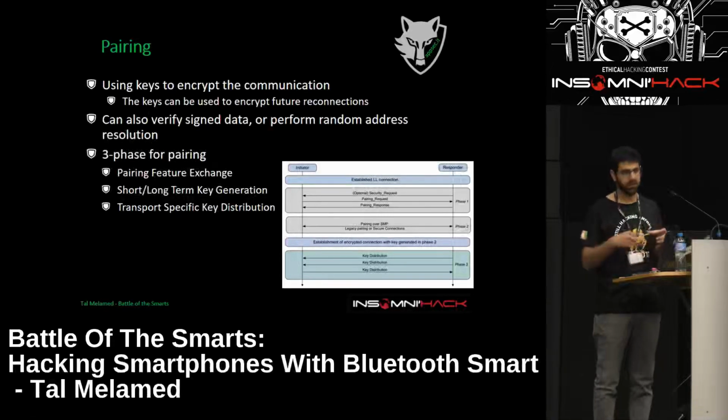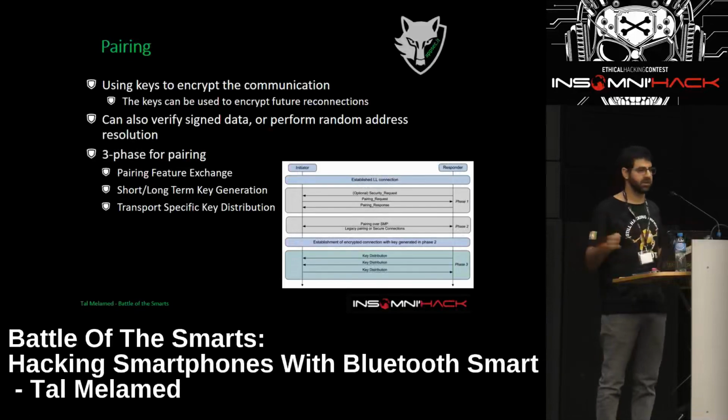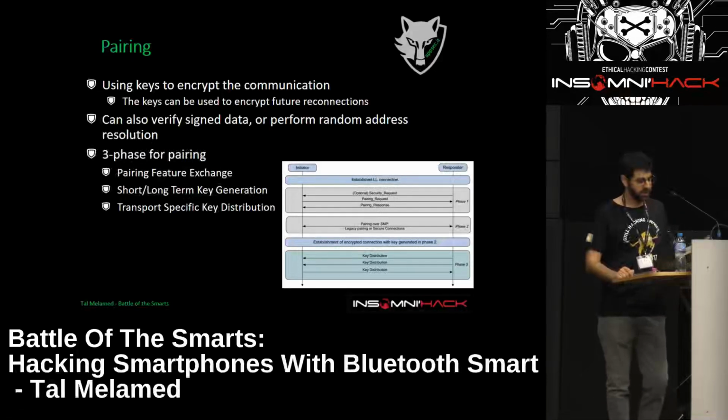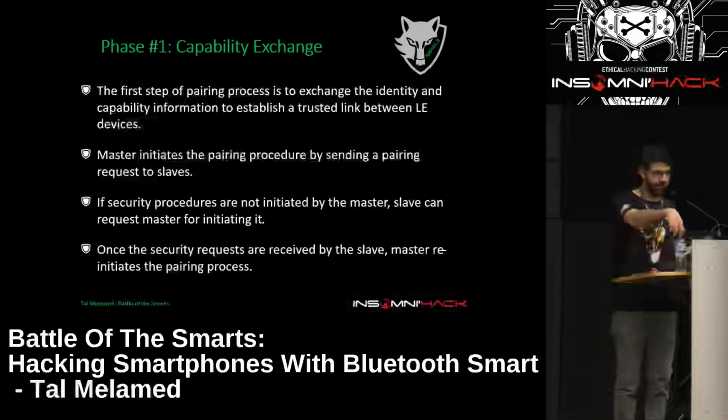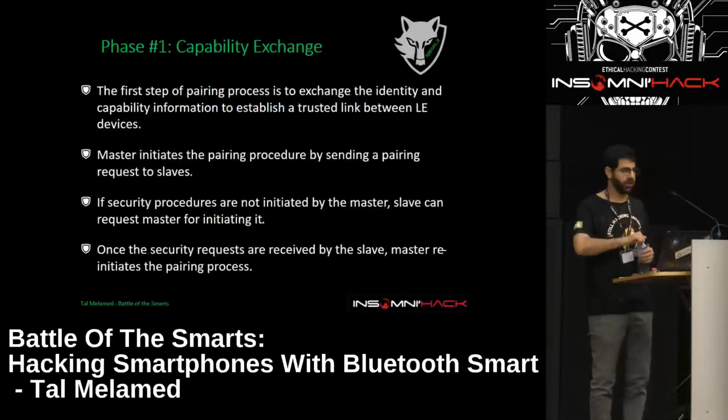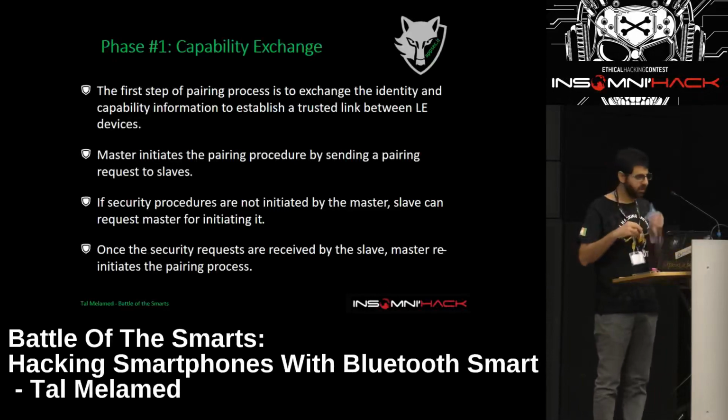So no pairing: you can just scan them, read data, send data, etc. The pairing is a three-phase process: pairing feature exchange, then short or long-term key generation, depending on the protocol, and the transport of the key. I'm going to shortly review it, and then we'll get to the interesting application layer.